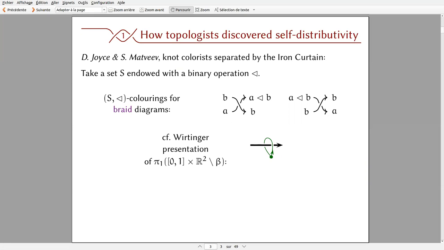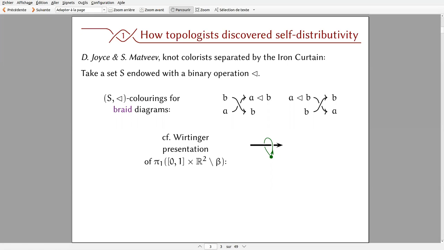And so when you replace this conjugation by an abstract binary operation triangle on a set S, you naturally come to the idea of the colorings of braid or knot diagrams. So by the colorings, we mean the following thing.